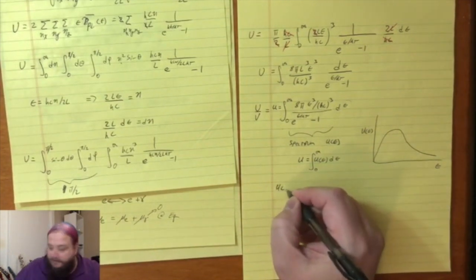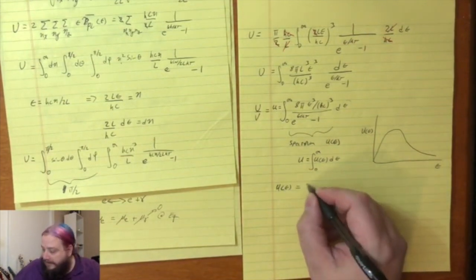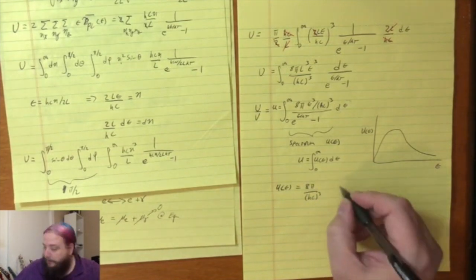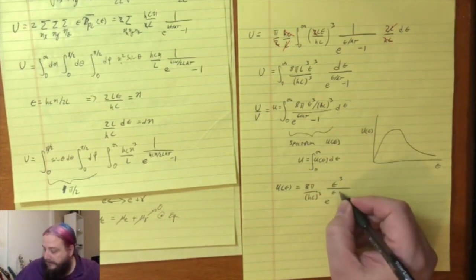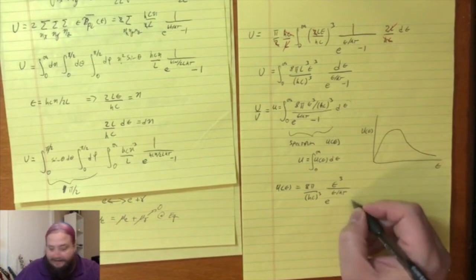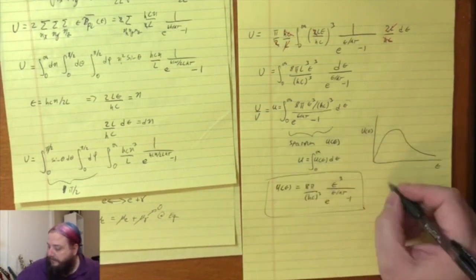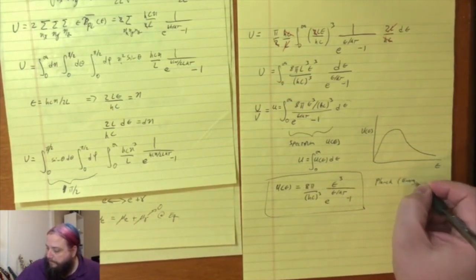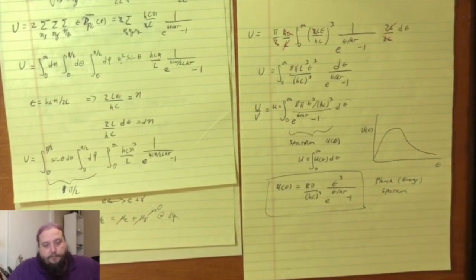What we can say here is that the spectrum as a function of energy is 8 pi over hc cubed, energy cubed over e to the energy over kT minus 1. This is the Planck energy spectrum, or the Planck spectrum in energy units.